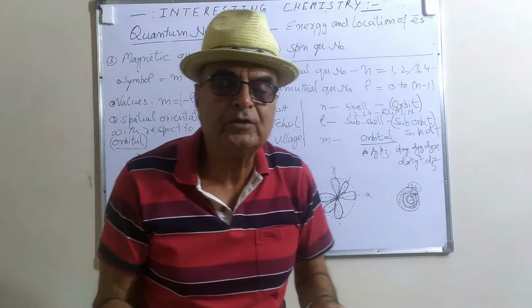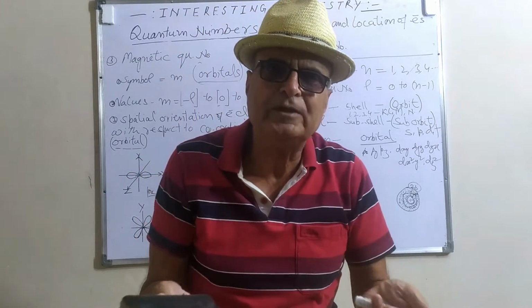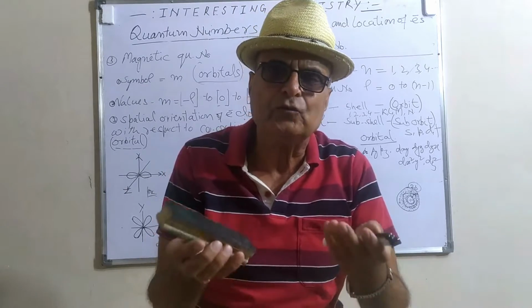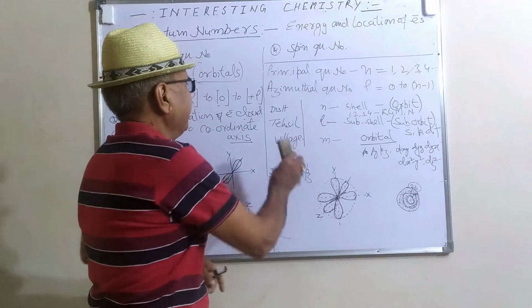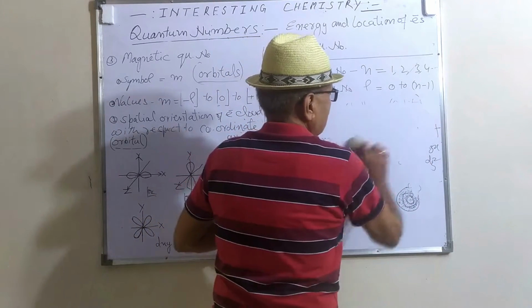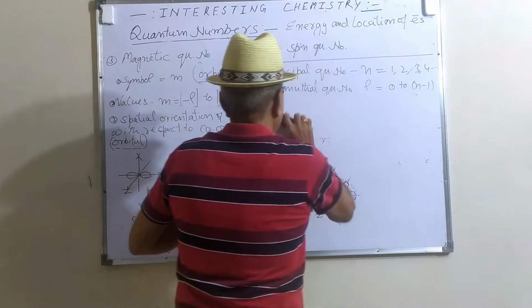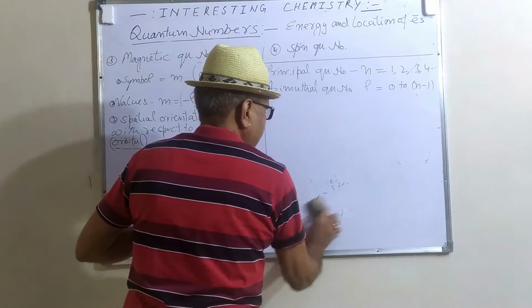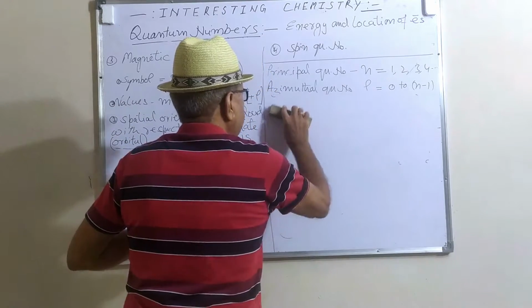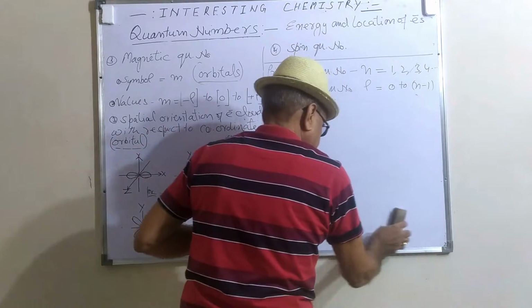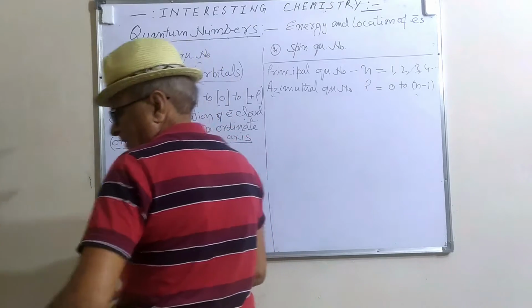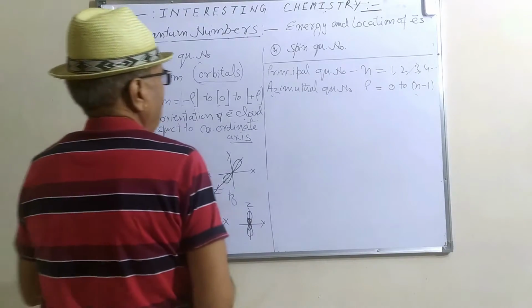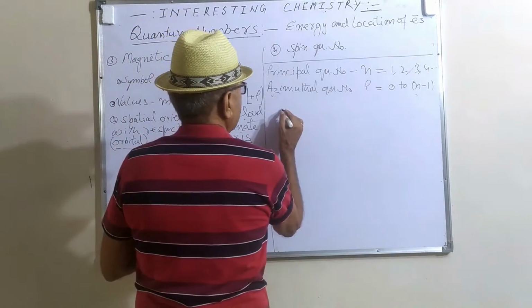Now I am going to tell you how you will find the values of the different N, L, M. Suppose I tell you how to find the values of L and M in the first shell or first orbit.